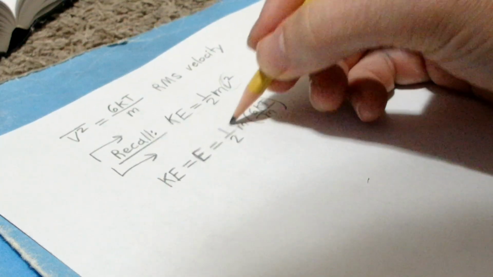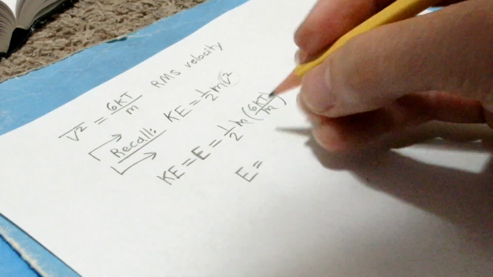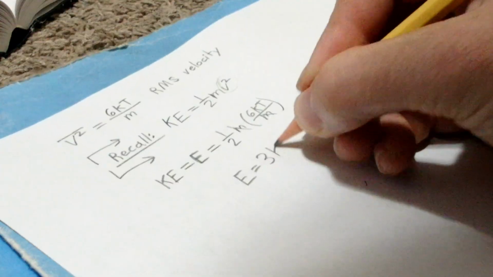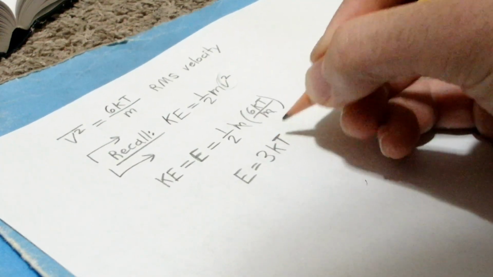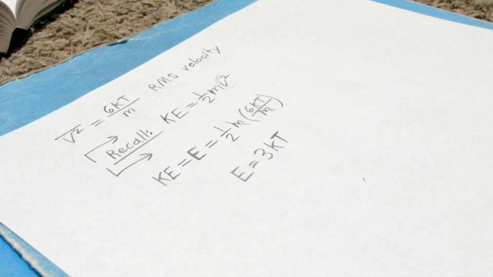We will see that the m's will cancel. And so 6 over 2 will be 3 kT, and this will be how much energy our particle has at equilibrium.